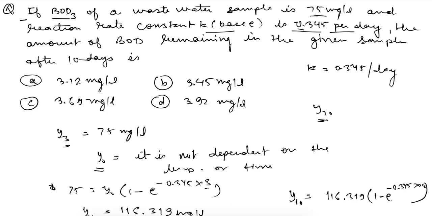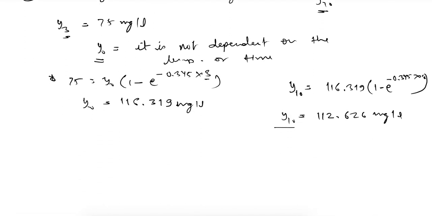Now what is it asking? It is asking the amount of BOD remaining in the given sample. What do we find with this formula, yt is equal to y naught into 1 minus e to the power minus k t? We find the BOD consumed.